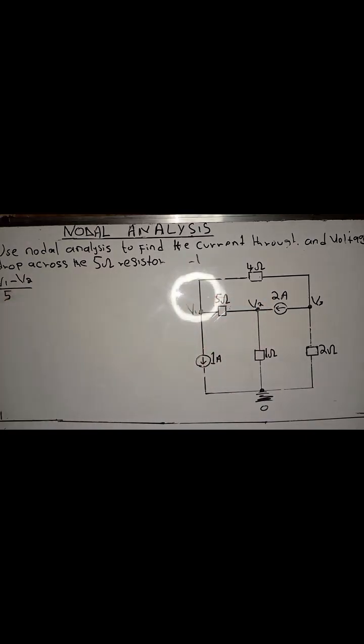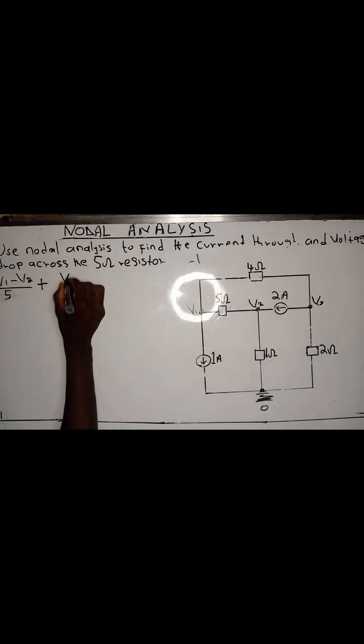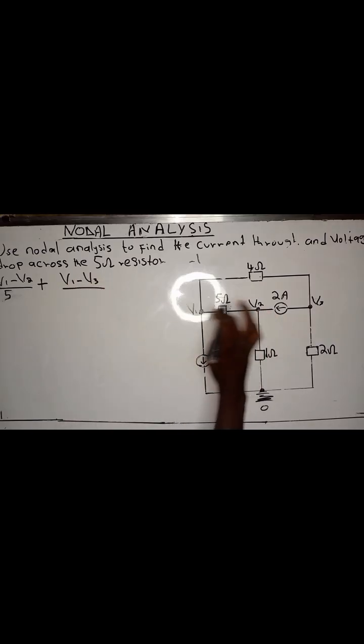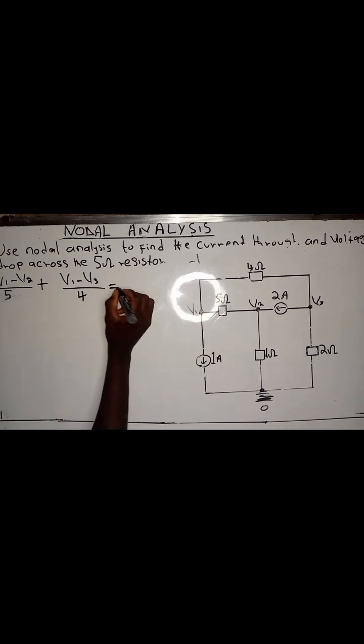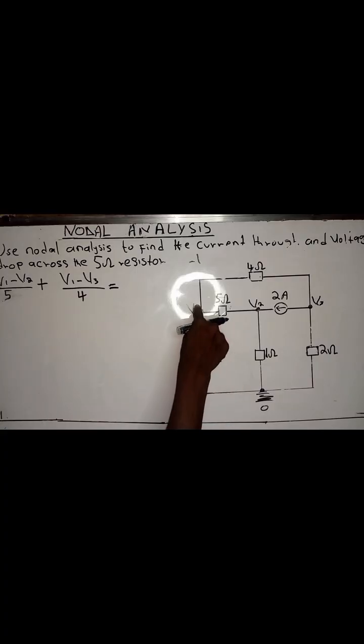Plus, from V1 to V3, V1 minus V3 over the resistance, which is 4. And it is equal to the current. So what is the value of the current? The current is going away from V1, so it will become negative 1.